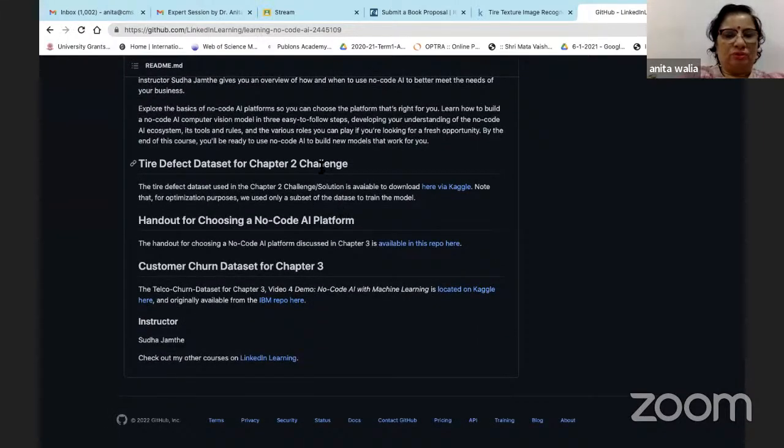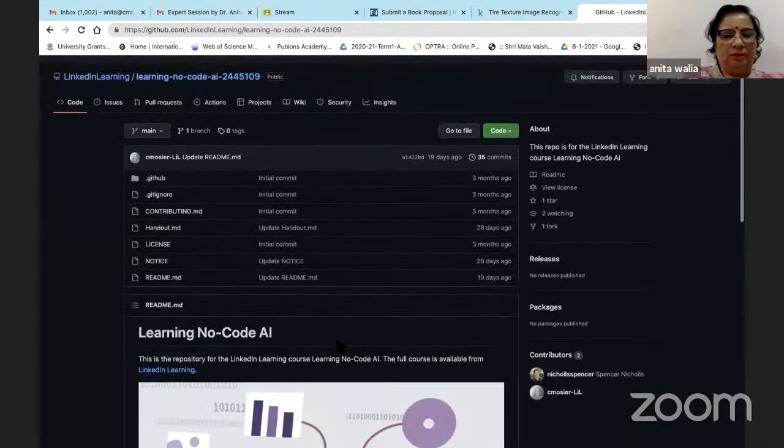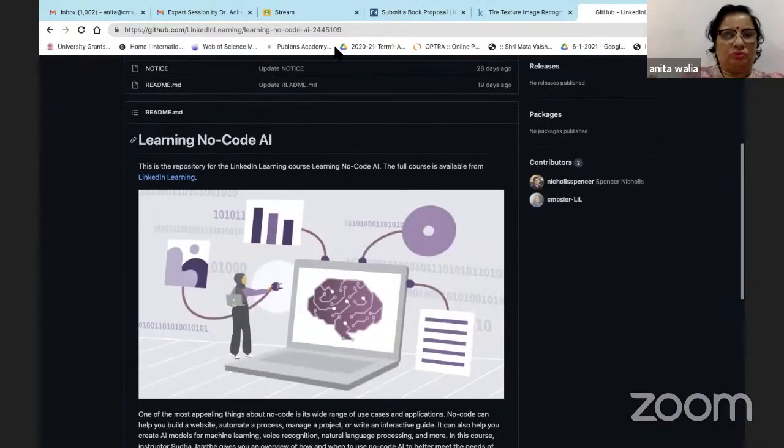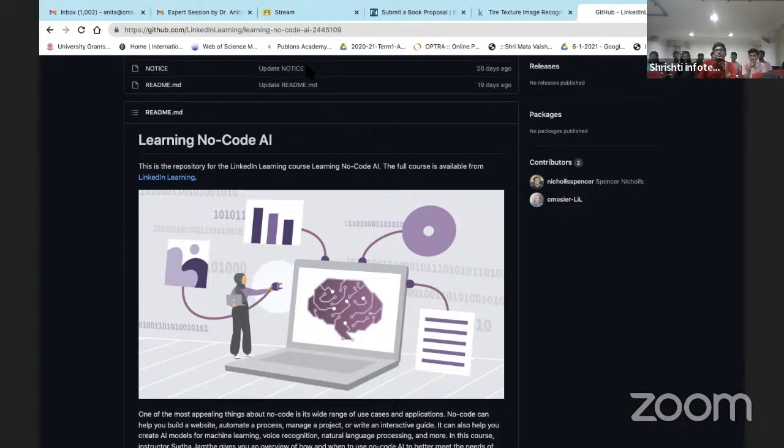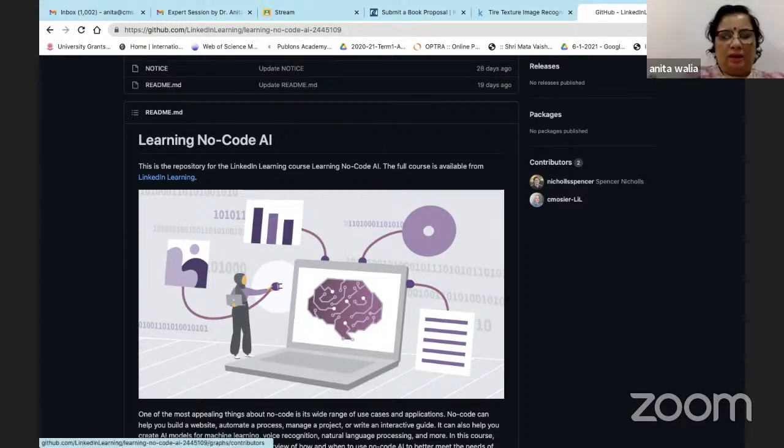The first challenge was the tire one, which you can download from Kaggle, and certain more are there. This I'm going to show you now, and all these kinds are available. The data set is available in this repository. So have you all noted it? Can somebody tell me? Yes, ma'am. Yes. So please make use of this repository, and I will take you to the other problems which we can share.